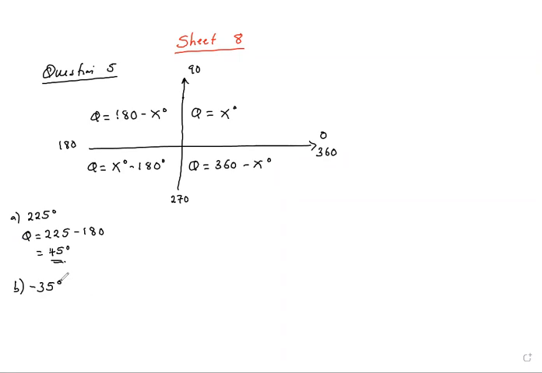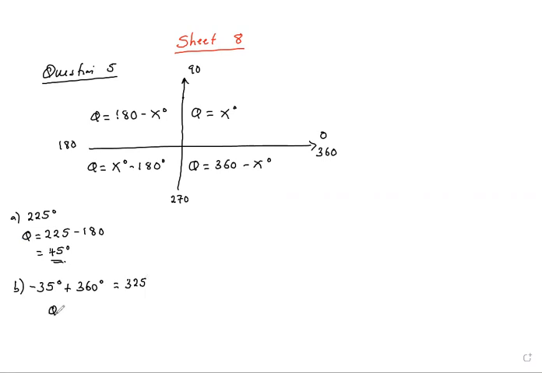So if I'm given negative 35, what I'll do is I'll add 360 to it so that I get its coterminal angle. And this will give us 325. 325 falls in the fourth quadrant. So what then do we do?